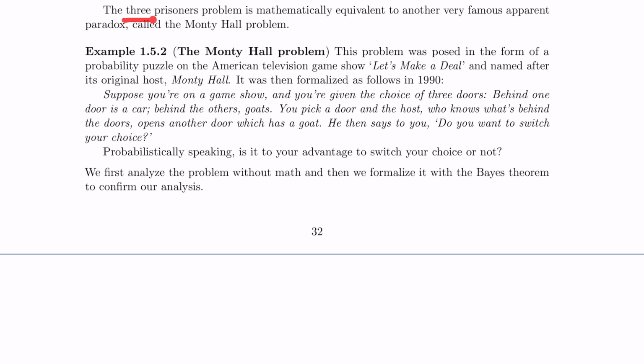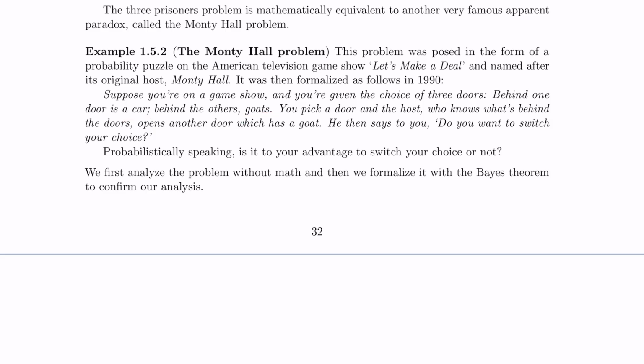The three prisoners problem is mathematically equivalent to another very famous and apparent paradox called the Monty Hall problem. Let's read it together. Suppose you are on a game show and you are given the choice of 3 doors. Behind one door is a car, behind the others, goats.